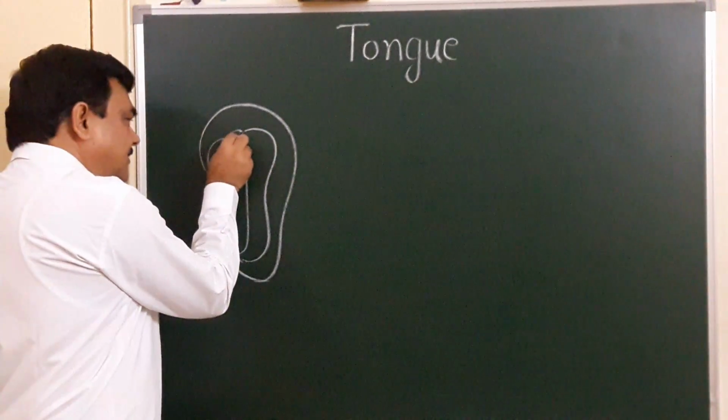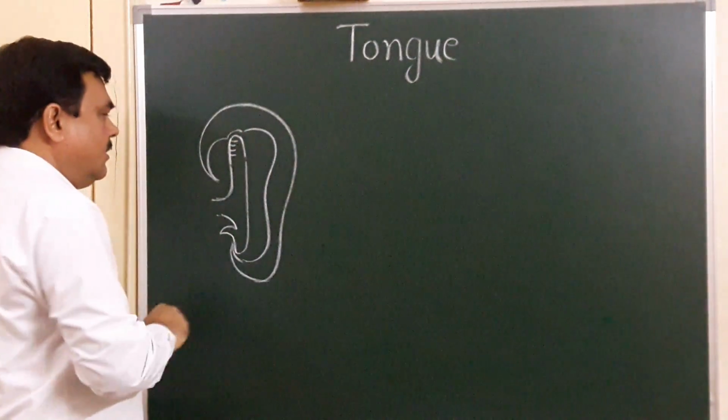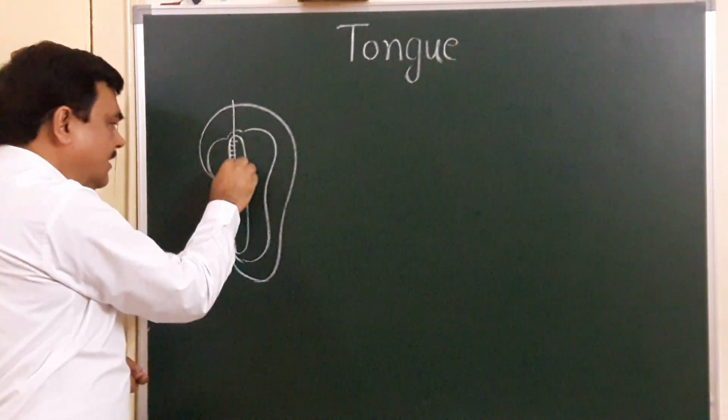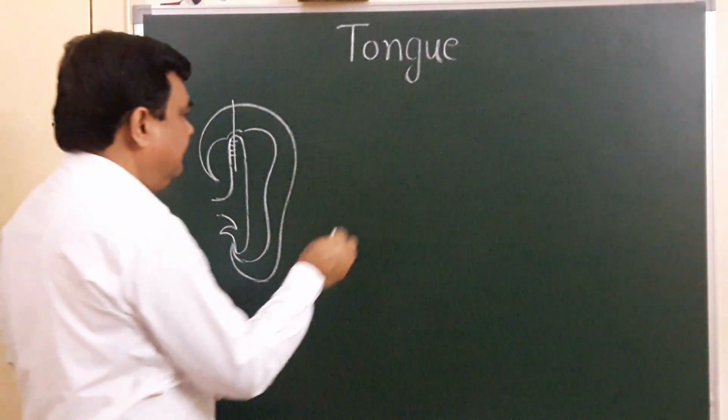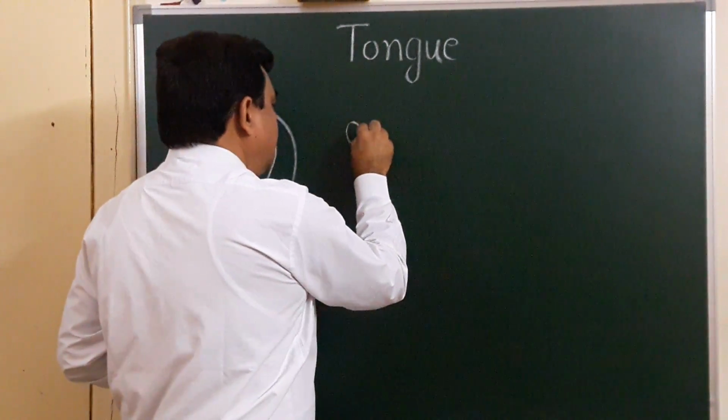Here a series of thickenings appears from the pharyngeal arches. If you take a section like this, you will find a series of thickenings.